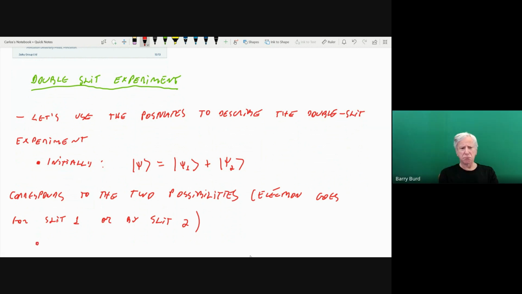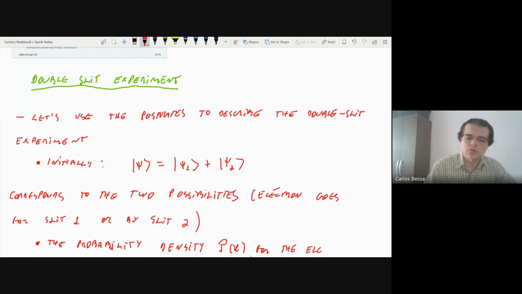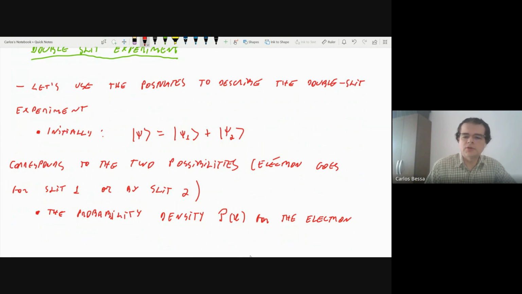And using the postulates, we can find the probability density that I call P of x for the electron in the position x.